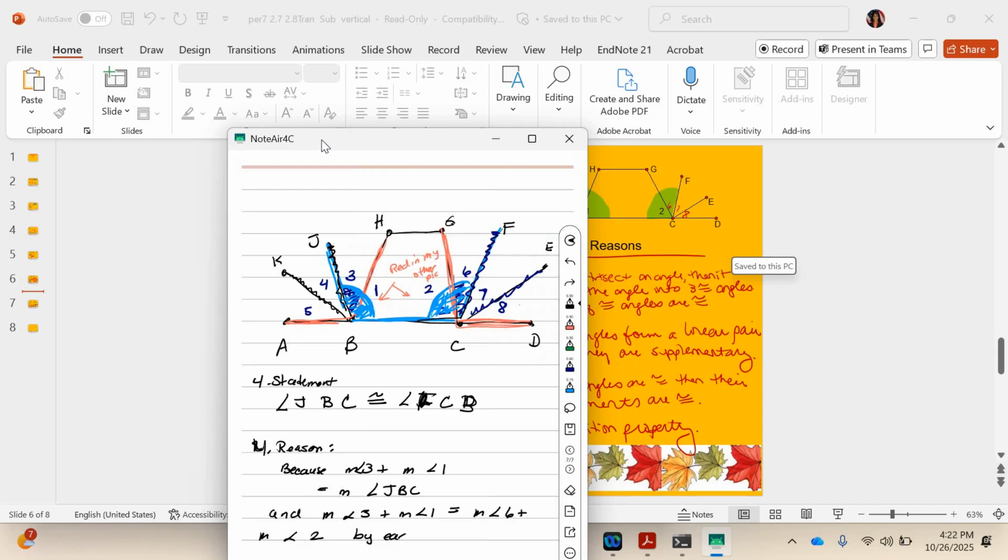I forgot the numbers. And the measure of angle 6 plus the measure of angle 2 is equal to the measure of angle FCB.